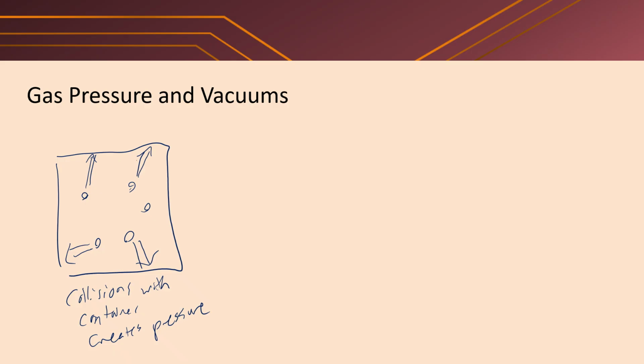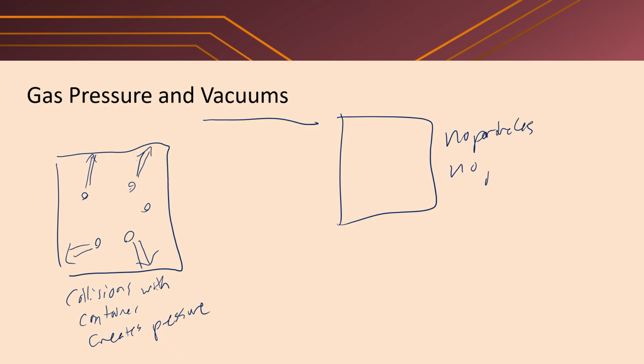And so when you have a vacuum, there's no gas particles. And because there's no particles, there's no pressure. There are a number of different things that will affect those collisions with the walls of the container, and that's going to define how gas pressure changes in different scenarios.